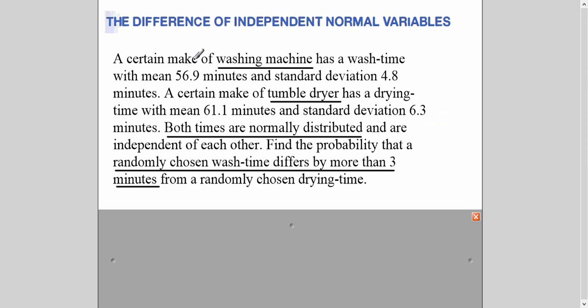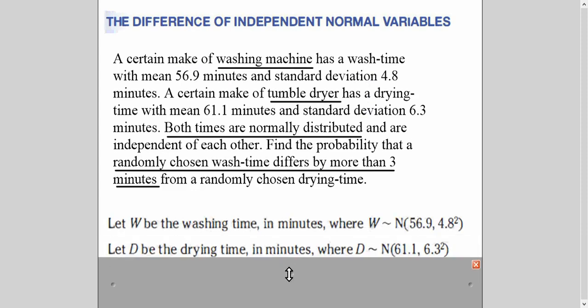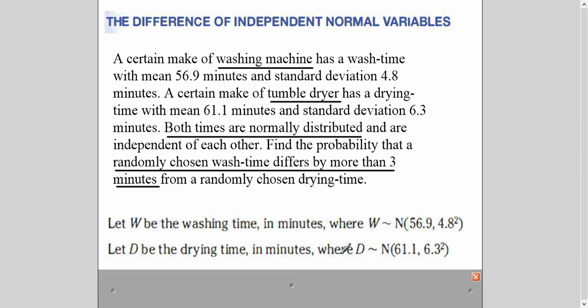This example is talking about washing time and then drying time, right? So the machine is performing 2 functions, washing and drying. So means and standard deviation for both are given to you. So let's write it in distribution form, easy to read. You always assign the variable so that when you're using some random variable, you know what you're talking about.